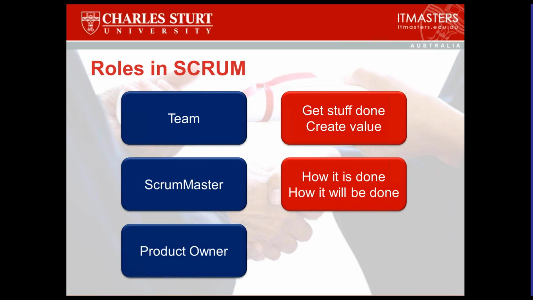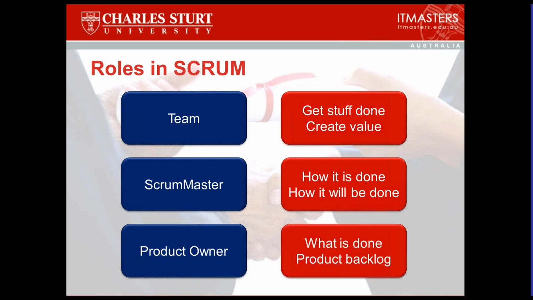So who's the other person involved? Well, they are the product owner. And yes, there's only those 3 different roles. Now, the product owner is responsible for the value of what gets created. They're responsible for what gets done, what's actually achieved. What that translates to from our diagram that we looked at a moment ago is the product backlog.